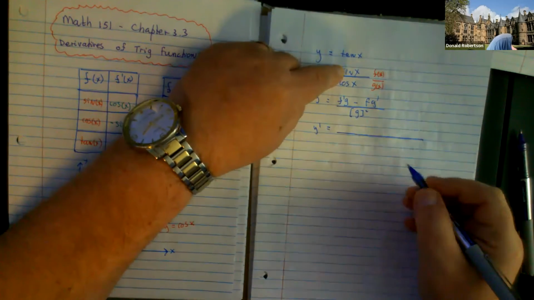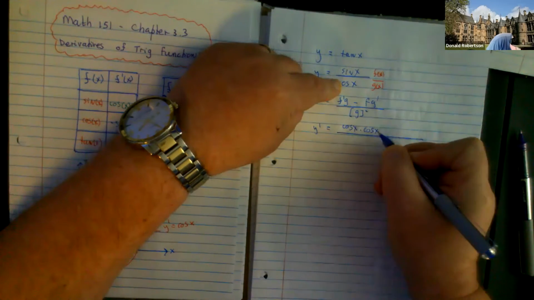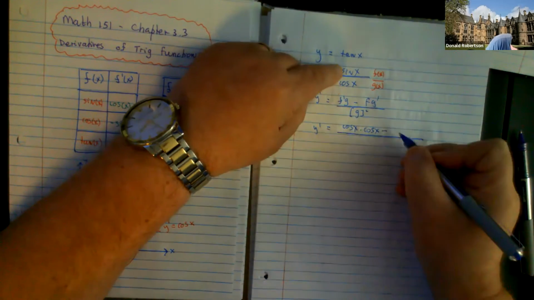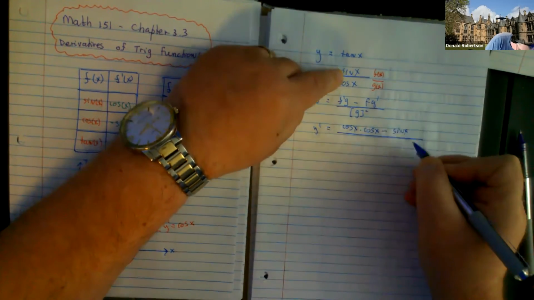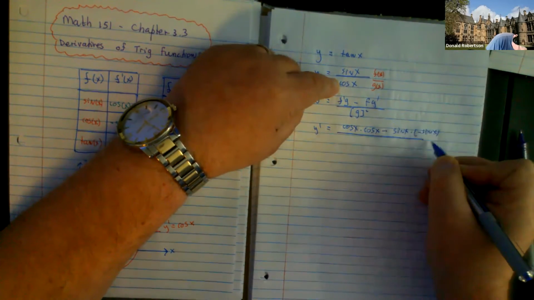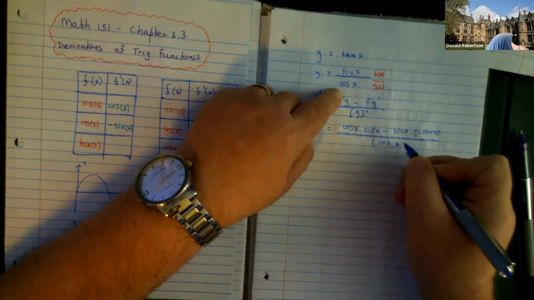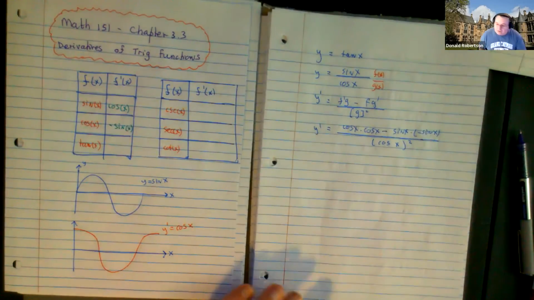Differentiate the top, you get cosine x times leave the bottom alone. Take away, leave the top alone, which is sine x, and differentiate cosine x, which gets you negative sine x. All over the bottom, which is cosine x squared. So far, so good.